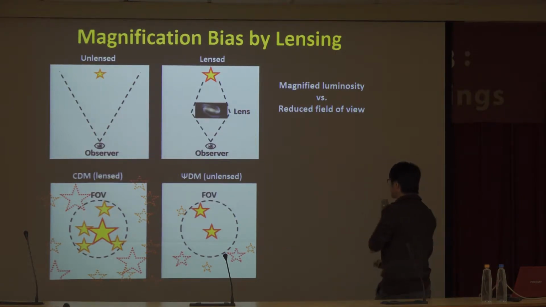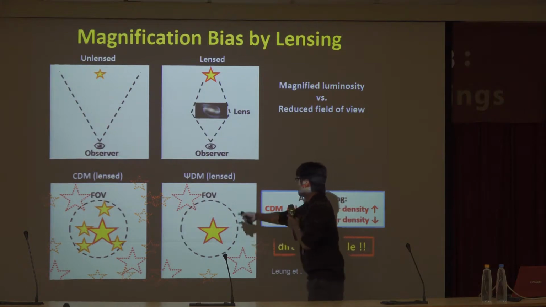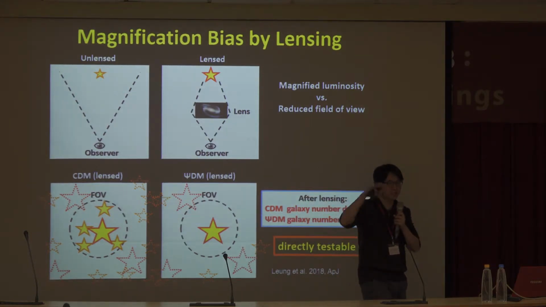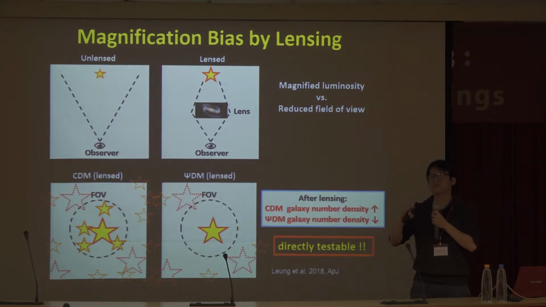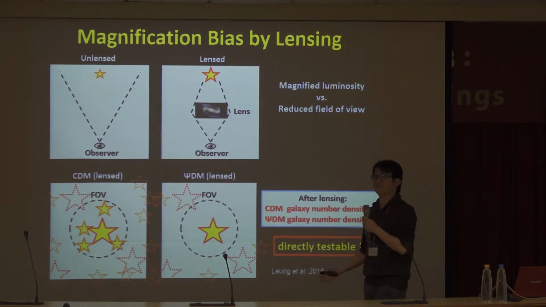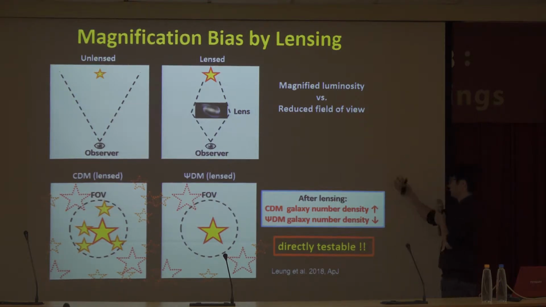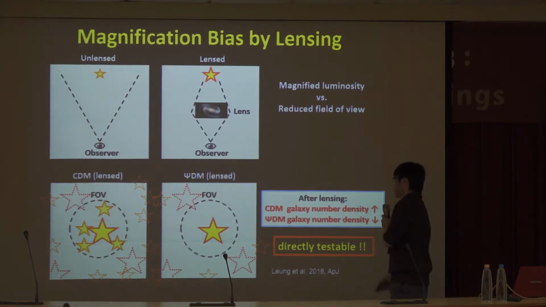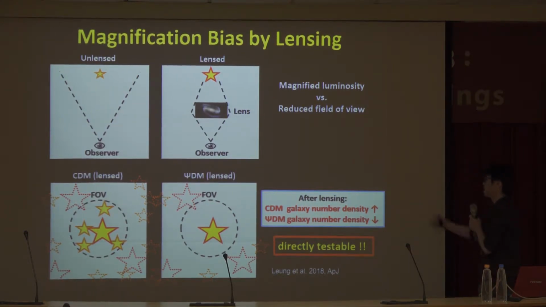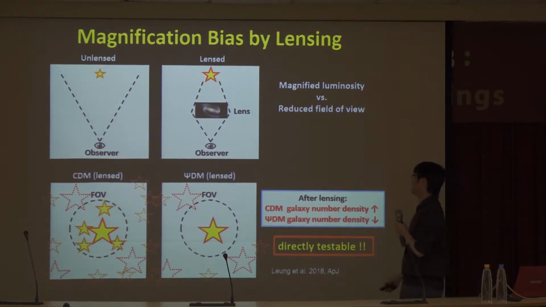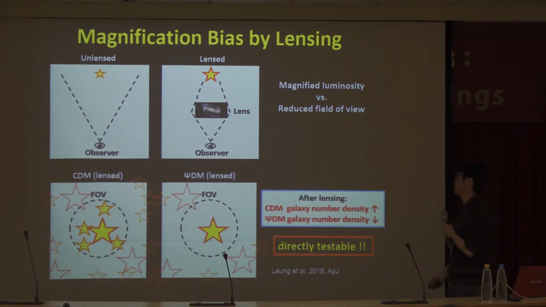In comparison, for this model, after lensing the observed galaxy number density will decrease, because there are far fewer faint galaxies to be magnified. So in short, after lensing, the CDM galaxy number density will increase, but this model's galaxy number density will decrease. Most importantly, this difference is directly testable. This is a paper we just made this year, discussing how these predictions compare with observations. And it turns out that the data also prefer this model.